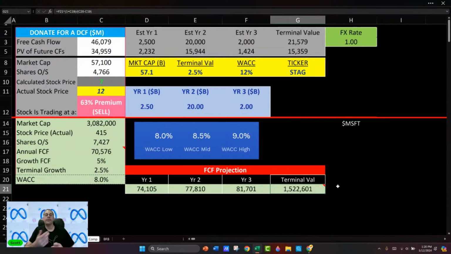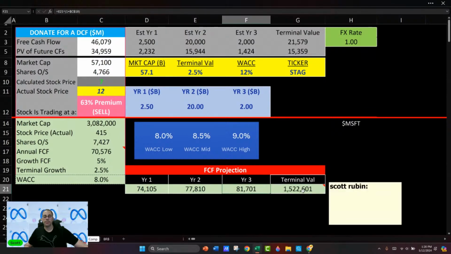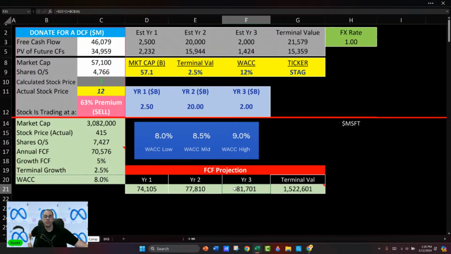So now we have to discount the cash flows, because these are real dollars based on sometime in the future. So 3 years from now, we project their free cash flow to be 82 billion. But we need to know what 82 billion is in today's dollars in order to make this work.